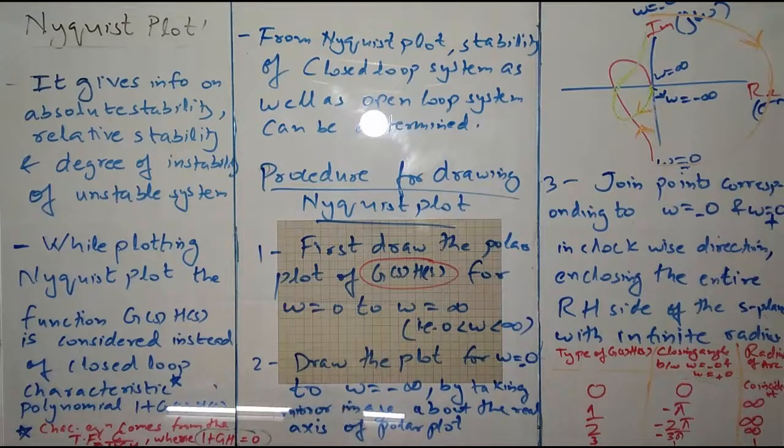With this basic idea, let us do a problem and construct the Nyquist plot. For the example I took before for constructing the polar plot, I leave it to you to construct the Nyquist plot yourself. I'll be doing another example today.